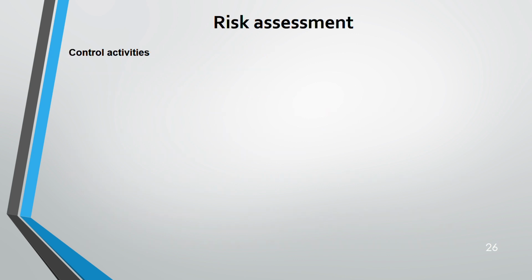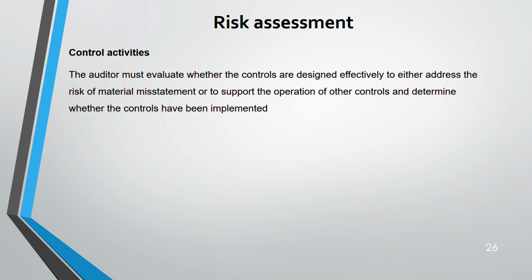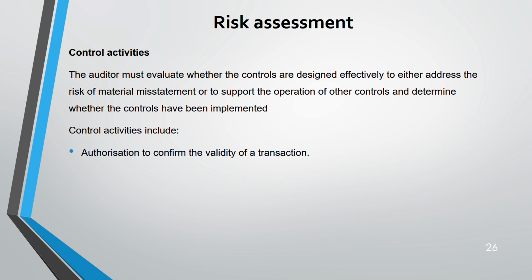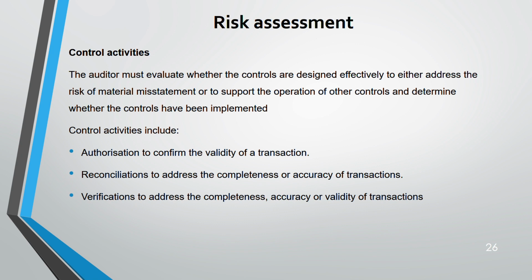Now, third, control activity. These are the control activities. Whether there's an authorization to confirm the transaction is valid or not, whether there's a reconciliation so that a transaction is complete and accurate. Verification: you need to verify.